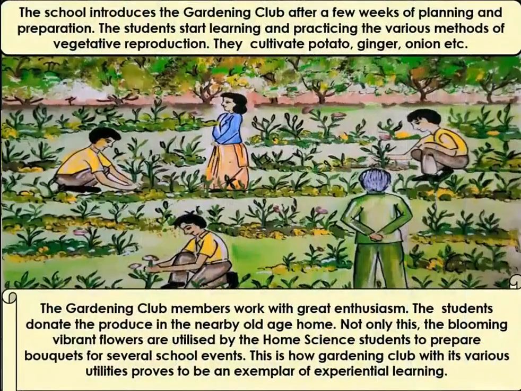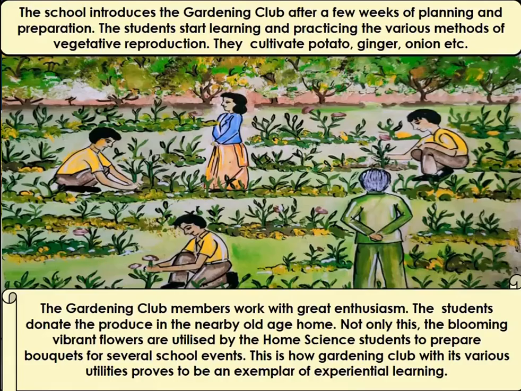The school introduces the gardening club after a few weeks of planning and preparation. The students start learning and practicing the various methods of vegetative reproduction. They cultivate potato, ginger, onion, etc. The gardening club members work with great enthusiasm.